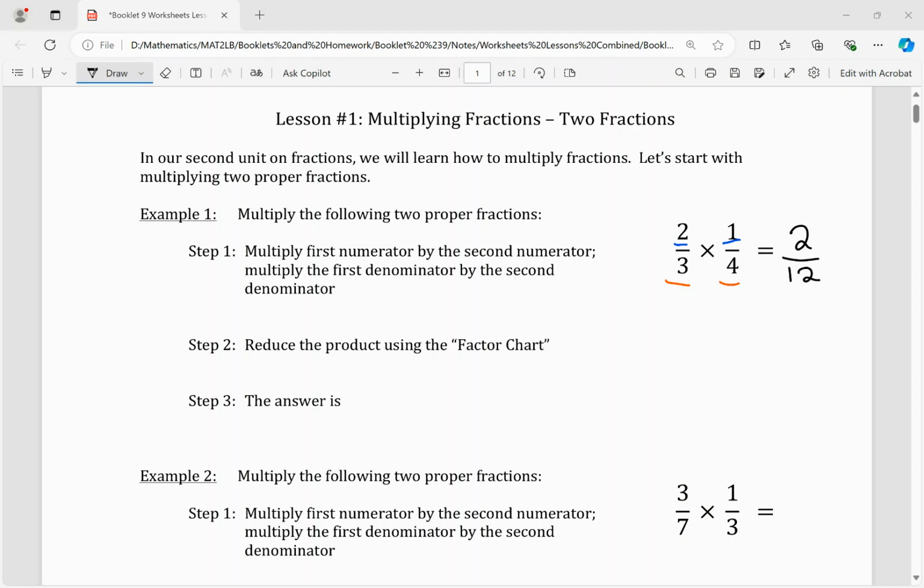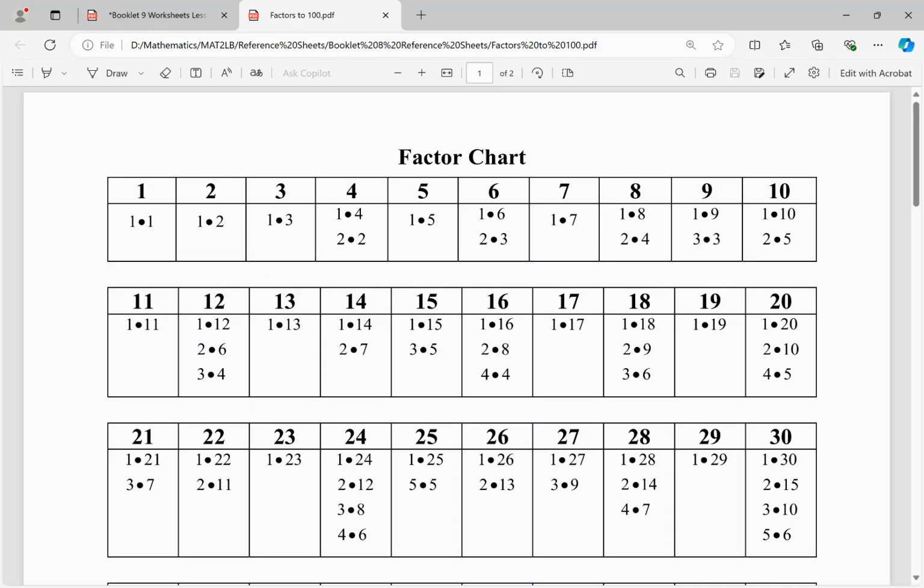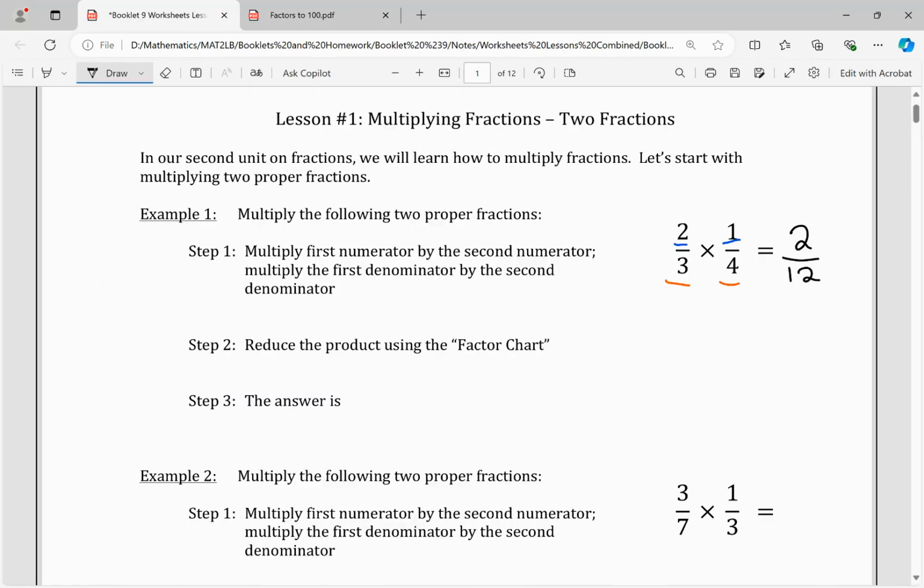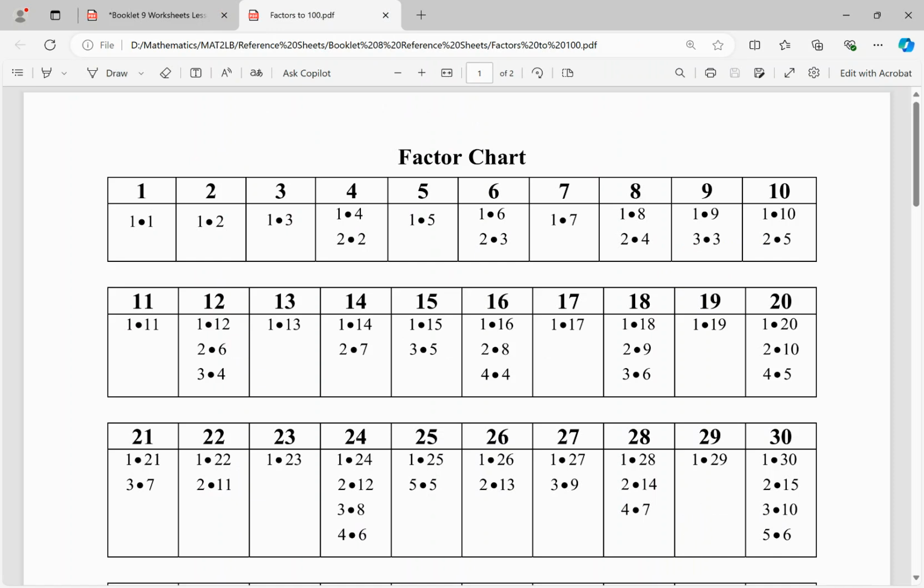Now, one thing that is the same in this booklet as the last one is that whenever you get to a final answer, you need to simplify it. So I'm going to pull up the reference sheet right now. Okay, you should be able to see it on the screen. And let's simplify 2 over 12.